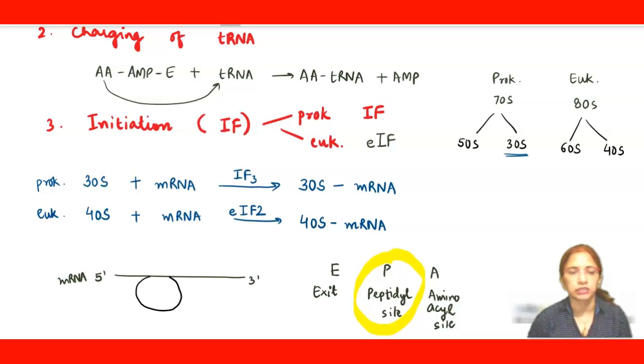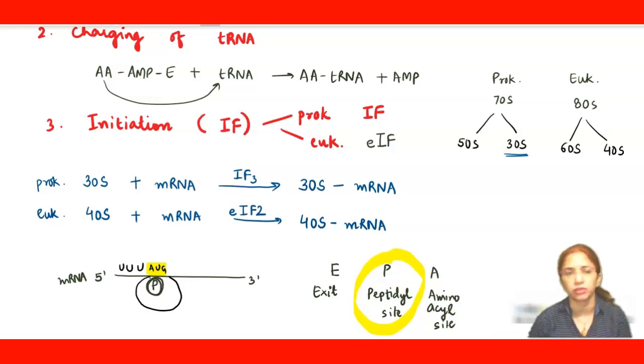Suppose this is the sequence on RNA, and this is the sequence called AUG. Now this AUG on the messenger RNA will get positioned in such a way that it lies close to the P site of the ribosome.